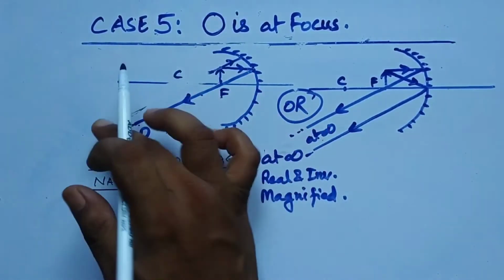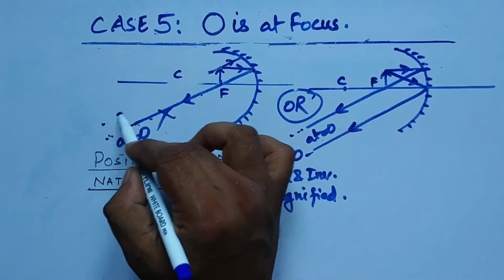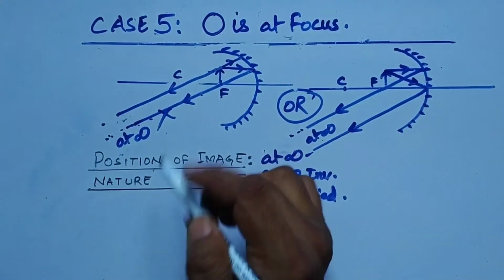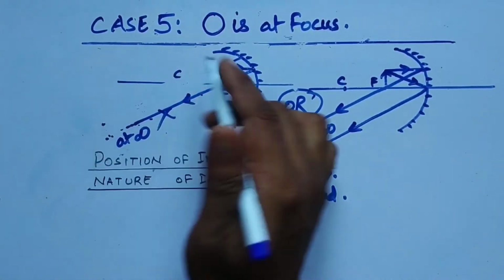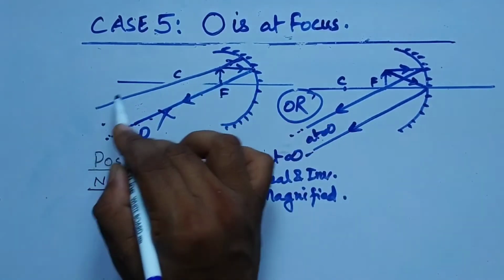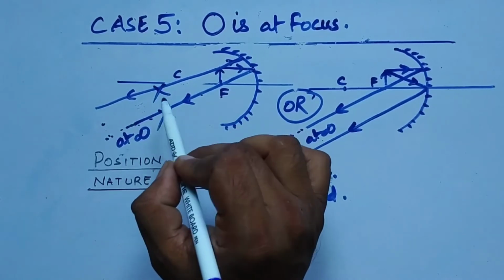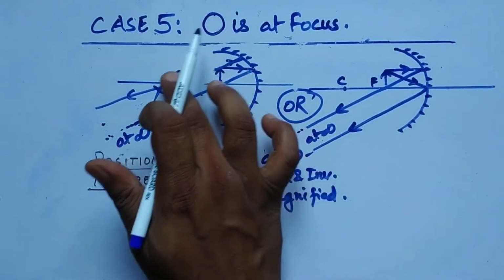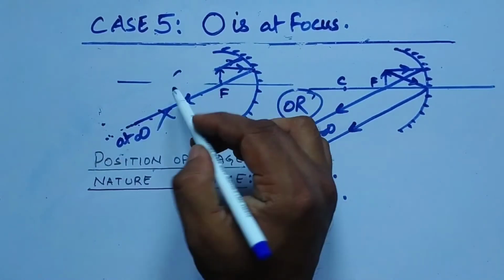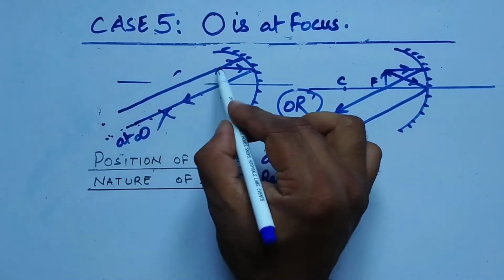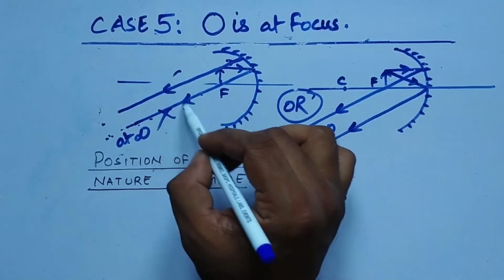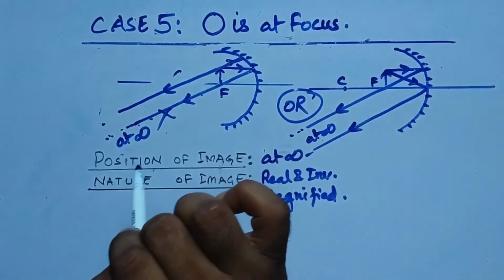They should come out exactly parallel to each other. Or in some cases the students draw it like this. They are diverging, so this diagram is also not acceptable. What we have to ensure in this case is that the reflected rays should always be parallel to each other.